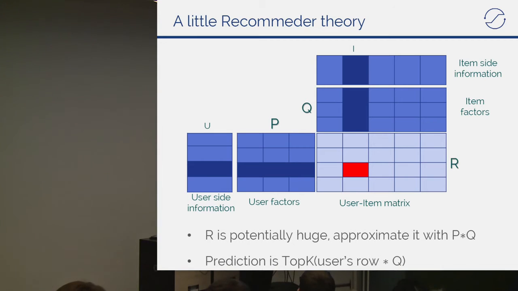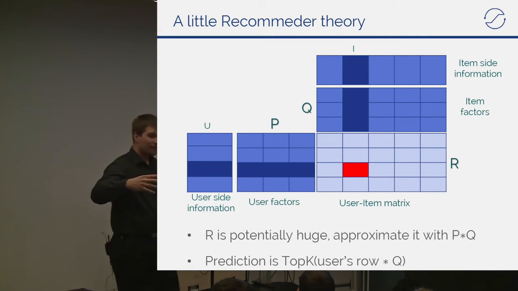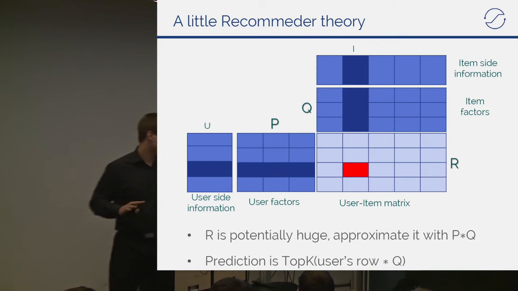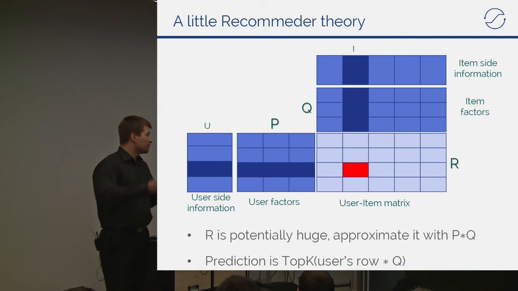And the other matrix has k as one dimension, and the number of items as the other. Then the matrix product of those two has the same size as the original, and with the right algorithm you can approximate the original R. That's basically the idea behind matrix factorization for recommender systems.